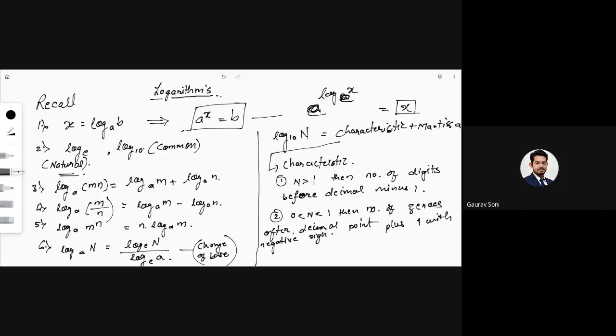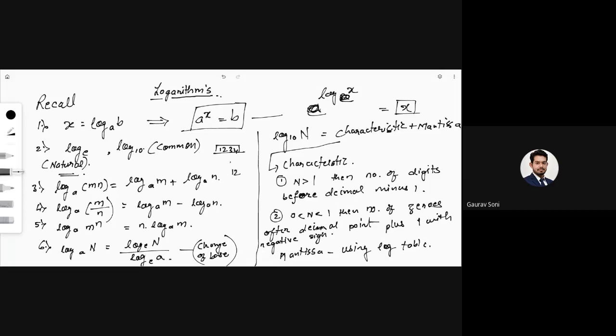And then about the mantissa. Mantissa we get using the log table. In the log table, if there are four digits, you look at the first three digits, 1, 2, 3, for an example.